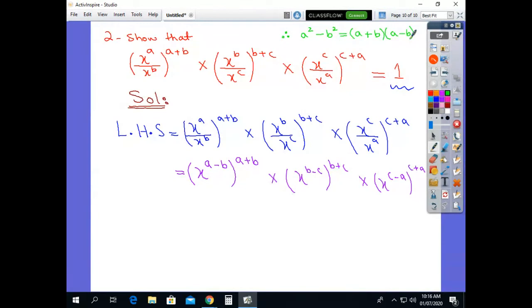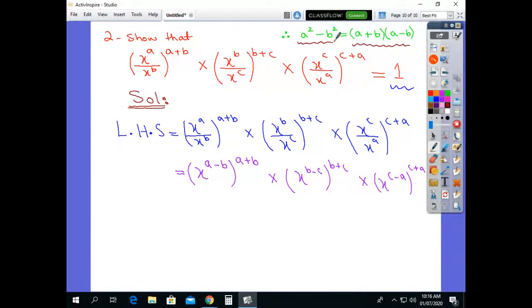This a square minus b square is the formula which we used in standard 8, which is equal to a plus b and a minus b. If we have a plus b and a minus b, then instead we write a square minus b square.